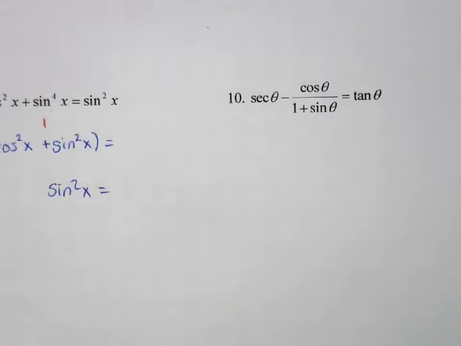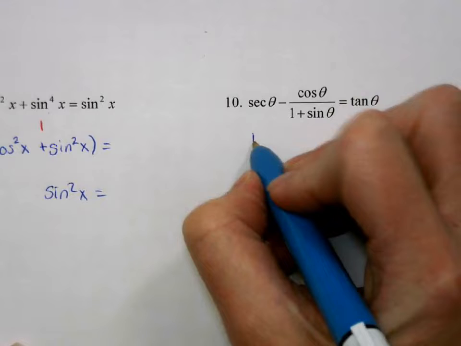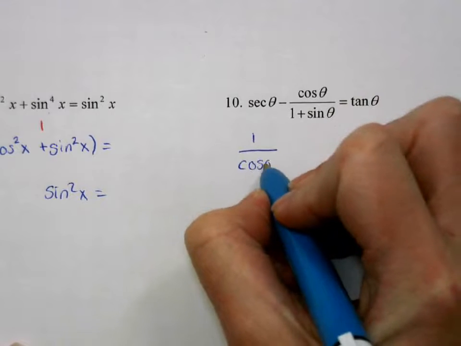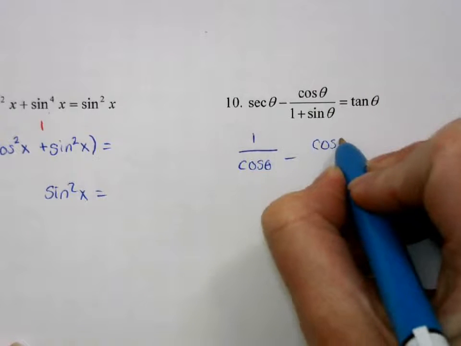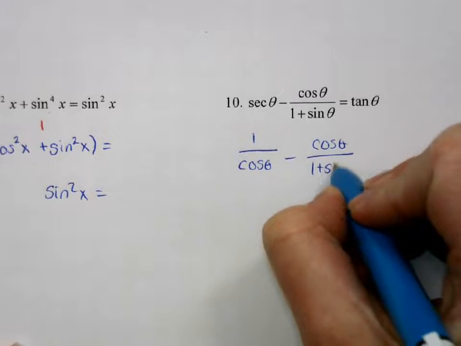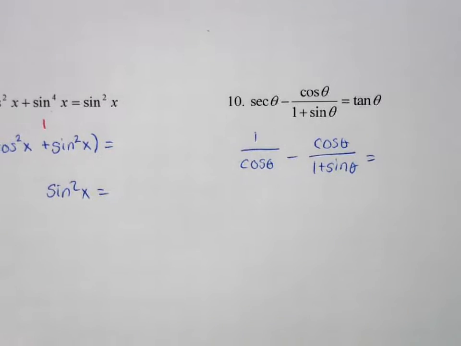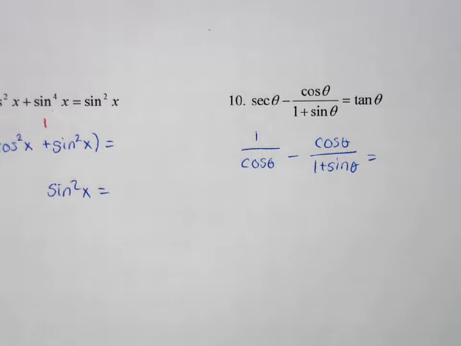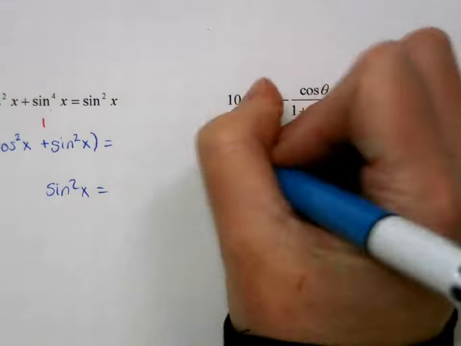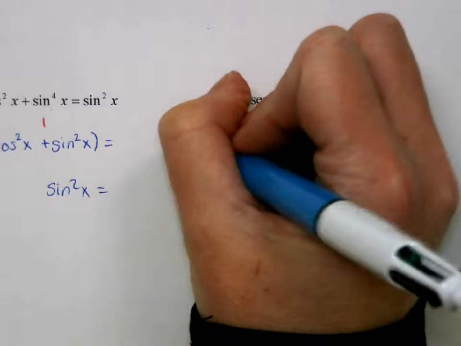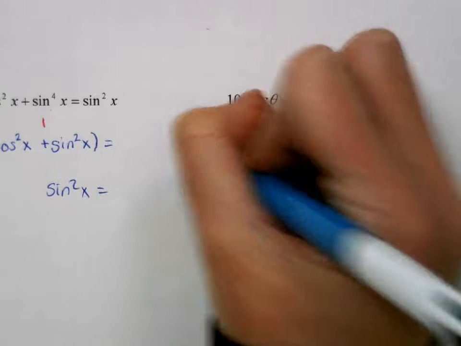All right, this one, 1 over cosine minus cosine over 1 plus sine. Next up, I'm going to get a common denominator. So I'm going to multiply this one times 1 plus sine over 1 plus sine.